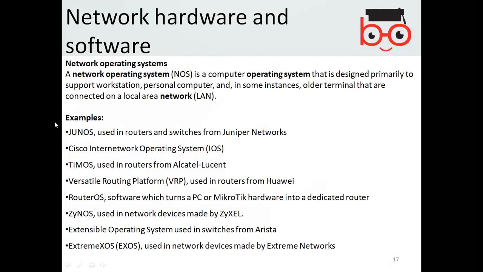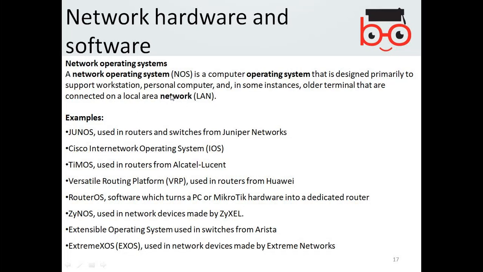If you have a network application, then obviously you need a network operating system as well. If you don't have a particular network operating system on your devices, then you cannot run your network application. A network operating system is a computer operating system designed primarily to support workstations, personal computers, and in some instances older terminals that are connected on a local area network.